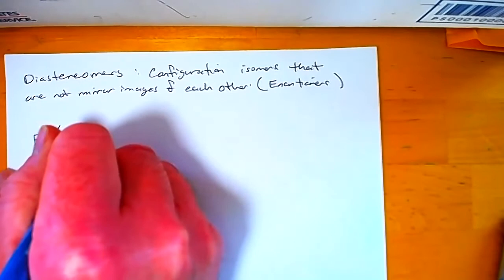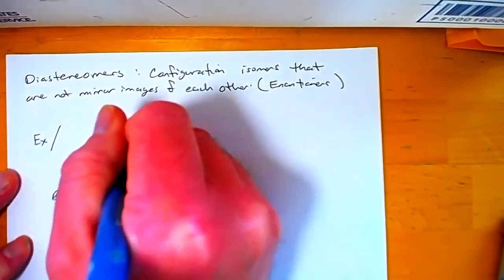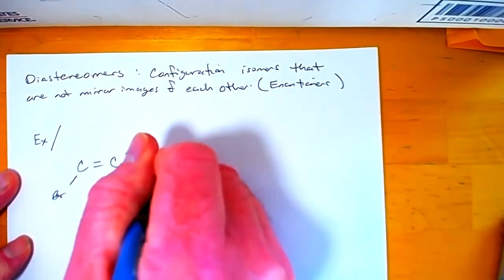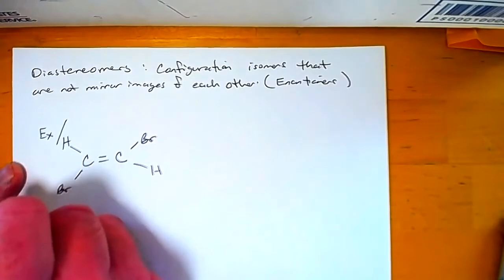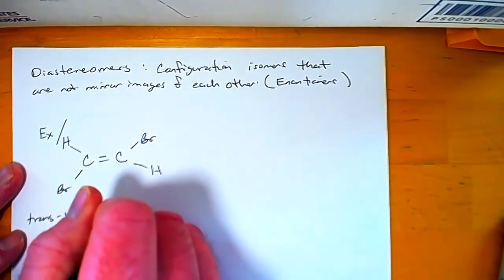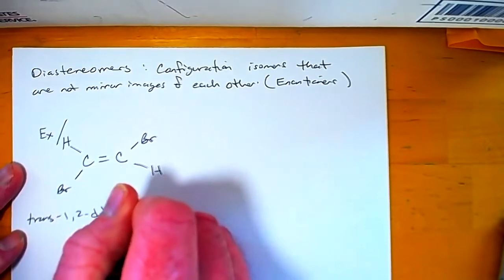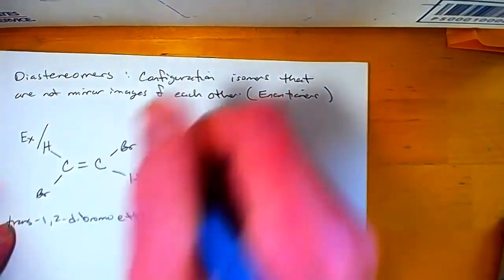So for instance, if we looked at this compound, all right, that is trans-1,2-dibromoethene, excuse me.